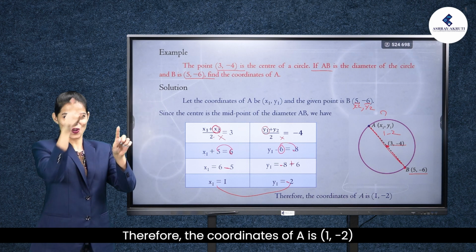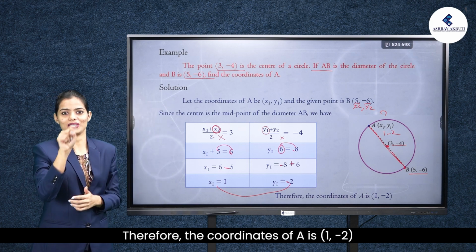Therefore, the coordinates of A is (1, minus 2).